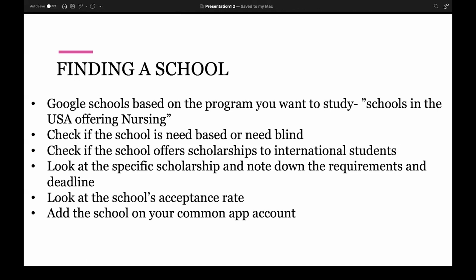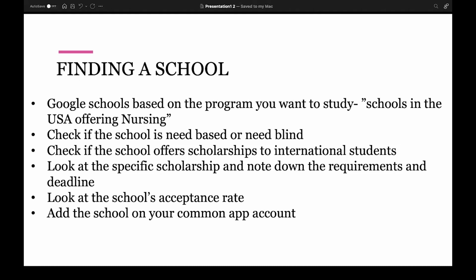But if the school is need blind, it means they do not consider your ability to pay school fees. A need blind school is really good because if your academics are good, your essay is good, and your activities match the school, they're going to accept you regardless of whether you're poor or rich. And that's when they will give you the scholarship, because once you've been accepted, they're going to cater for everything.